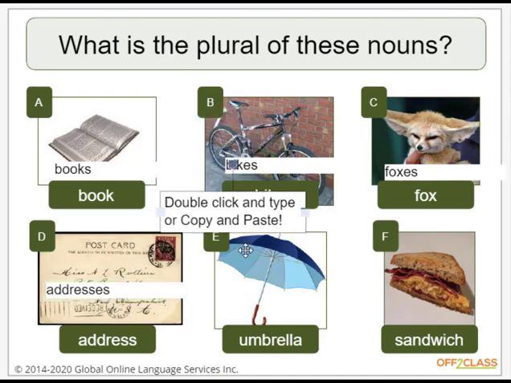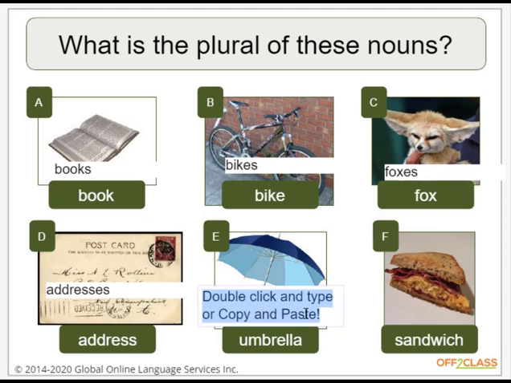How about umbrella? It's the last one, and I'm going to move on after this one. Umbrellas with an S, or umbrellas with ES? Spell it. Which one do you think it is? So remember what we said before. If you don't remember, it's okay, we can go back.